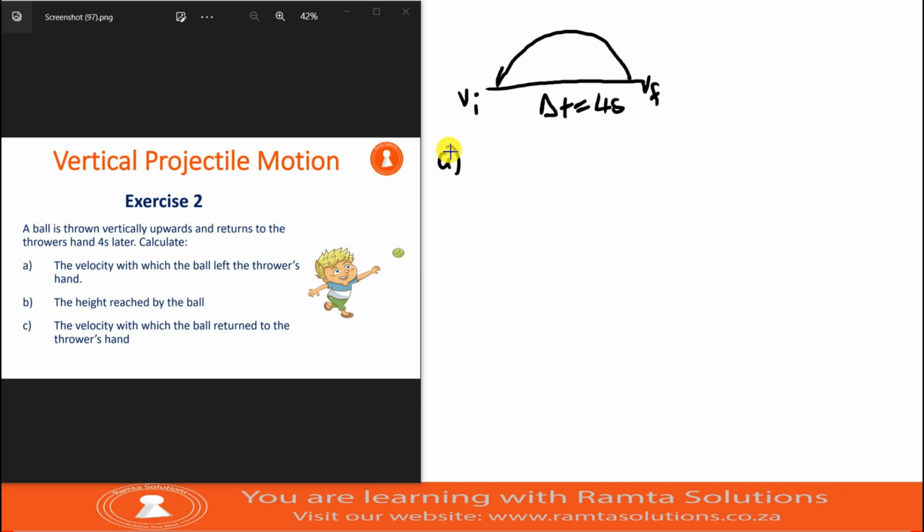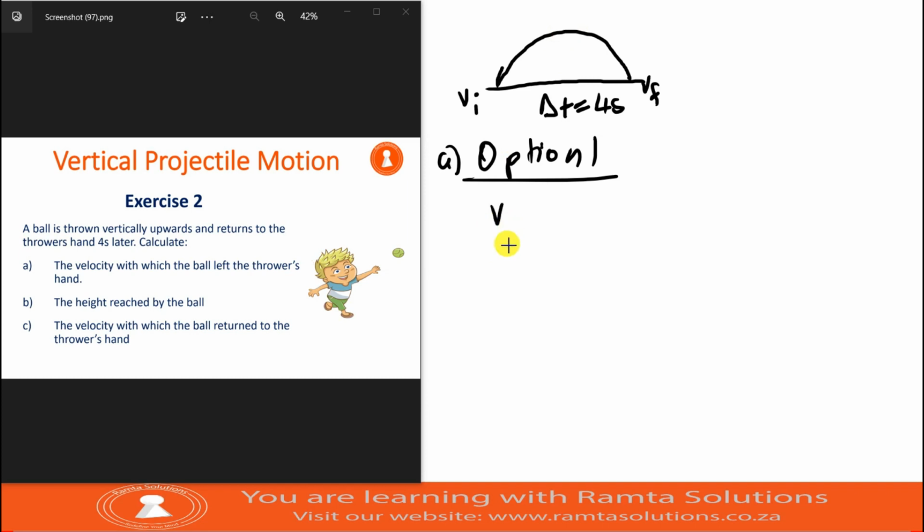There are two options to doing this. Let me start with option 1, where I'm looking at maximum height. If the entire motion is 4 seconds, then to reach maximum height, because we spoke of time symmetry, it'll take 2 seconds. And we know at maximum height, velocity is 0.